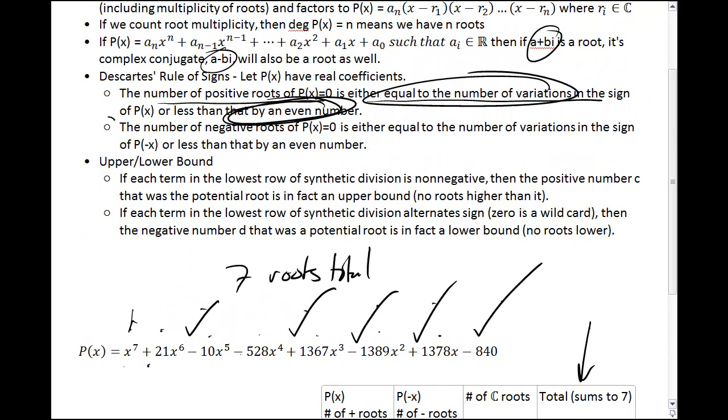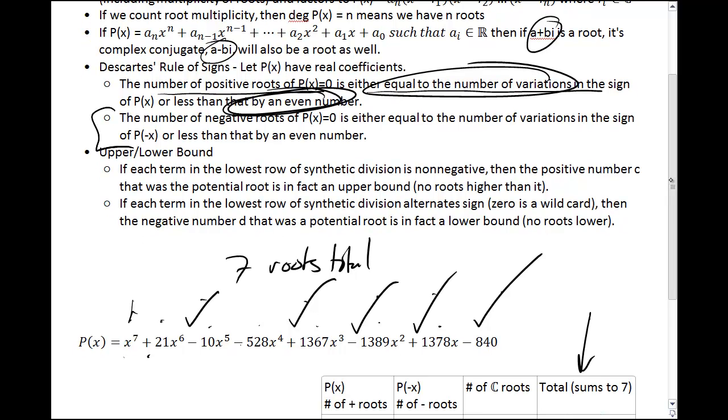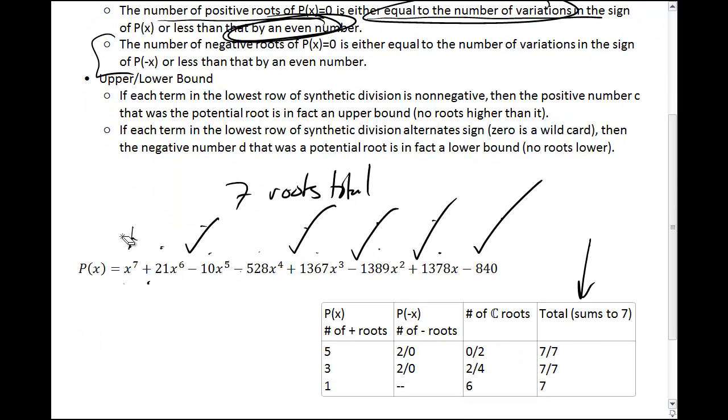Next, Descartes says this: if we plug in a negative number and change all of our signs that have odd exponent, then we're going to have a different set of variations. So let's look at what that would look like. Let me do that just nice and quick here, and maybe we can use a different color. So if I plug in p of negative x, what am I going to get?